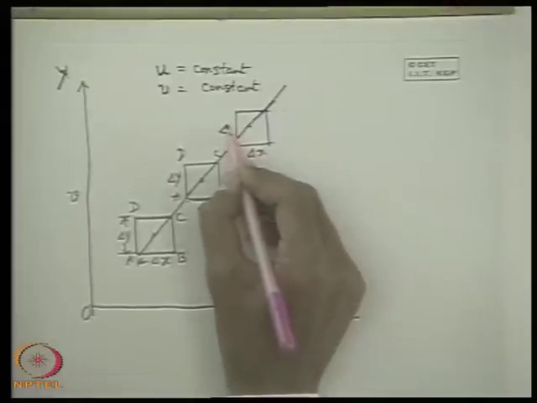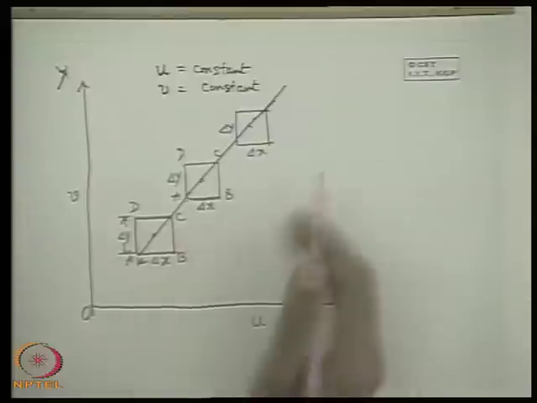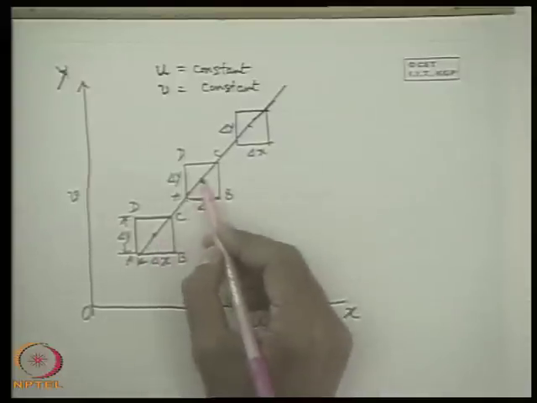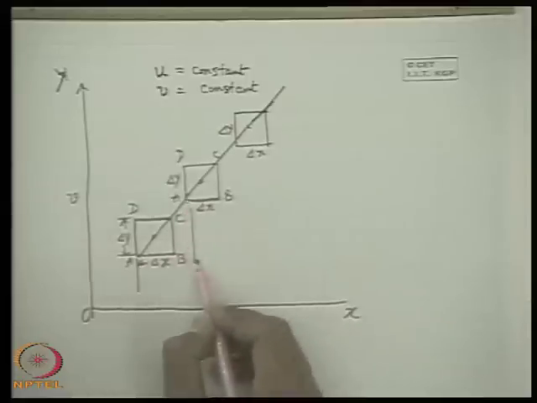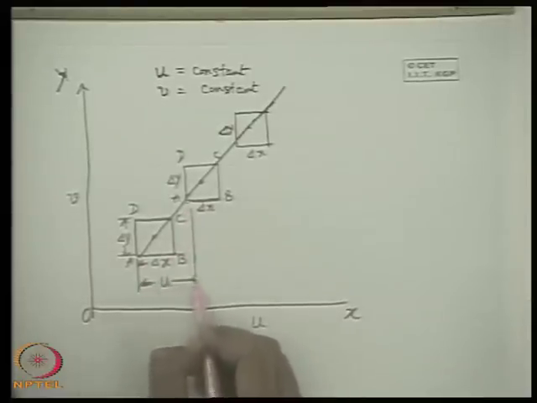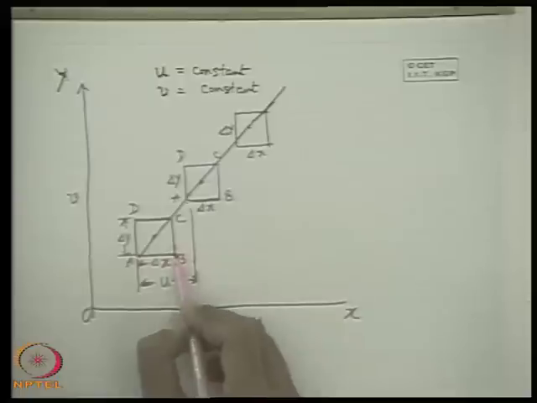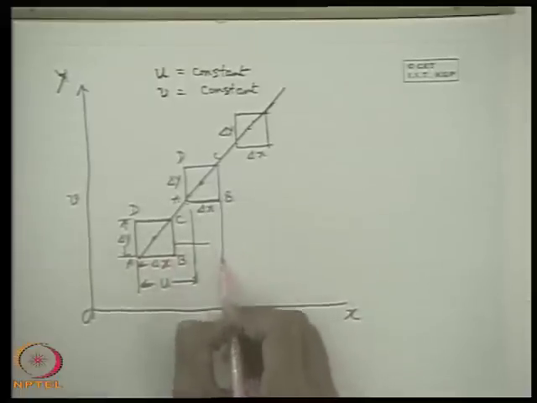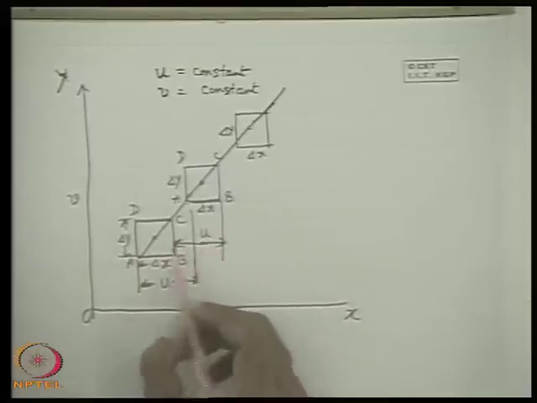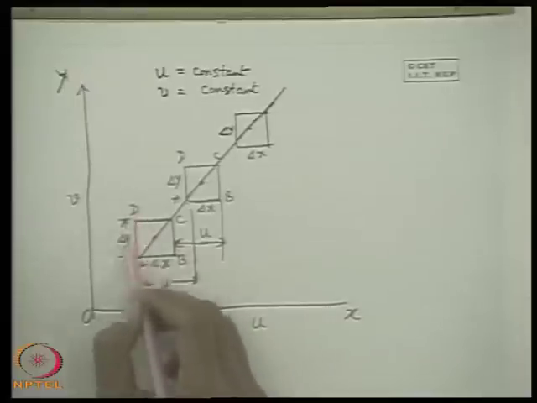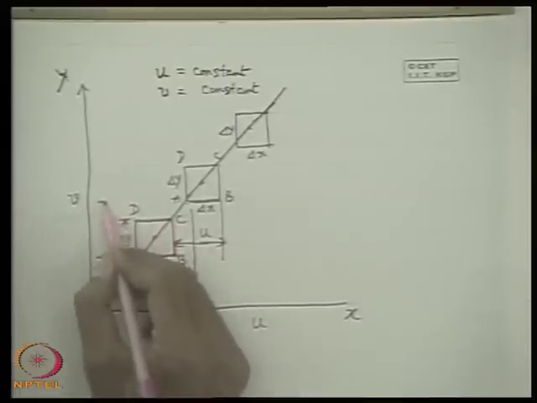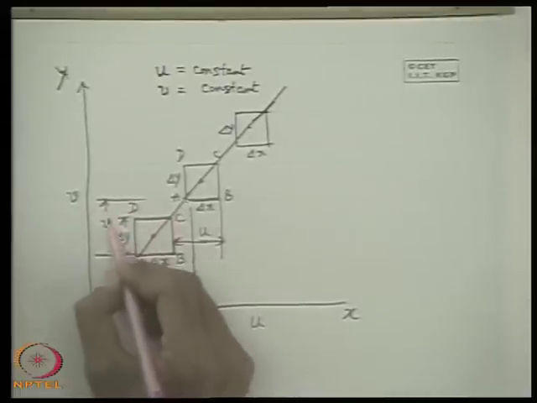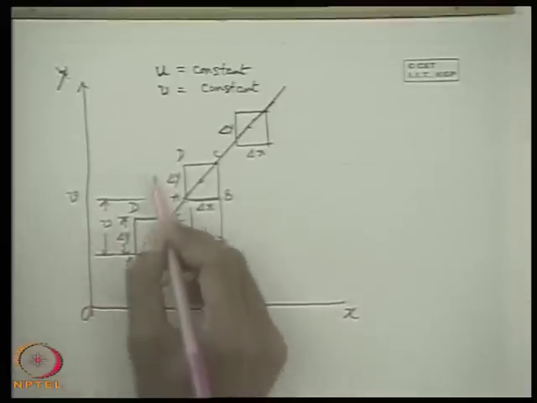If we consider the movement for a unit time, then if A moves by a distance u, that is the x component of velocity, this point B also moves by the same amount u. Similar is the case for movement in the y direction. If A moves by a distance v, considering a unit time, then D also moves by the same distance v.